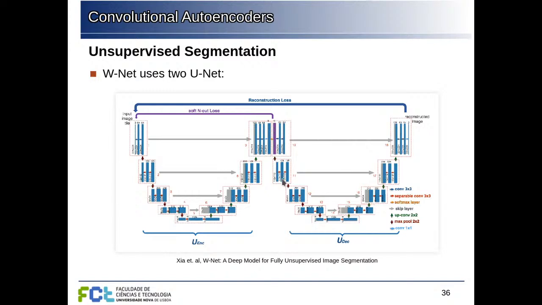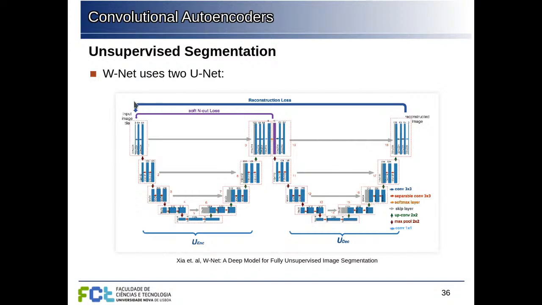And then we use again a UNet to go from this representation back into the original image. And this would be the reconstruction loss that we're trying to minimize by minimizing the difference between the output of the WNet, which will be also as close as possible to the original image, and the original image.